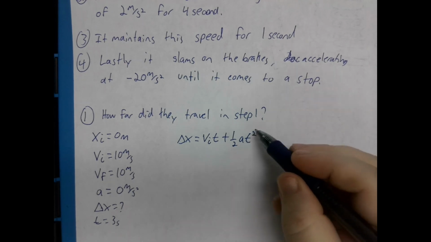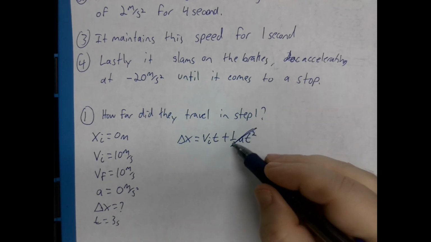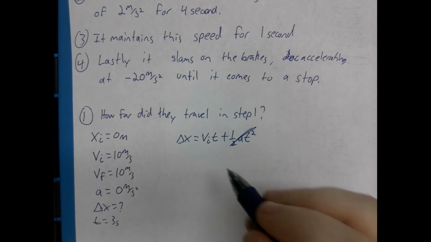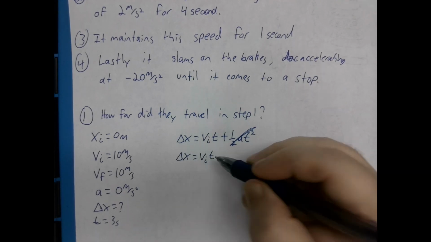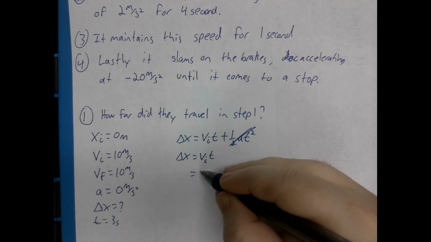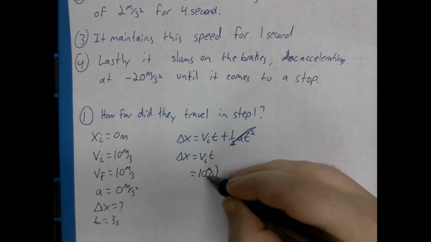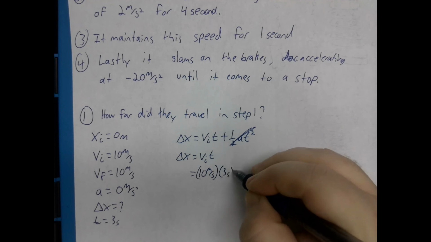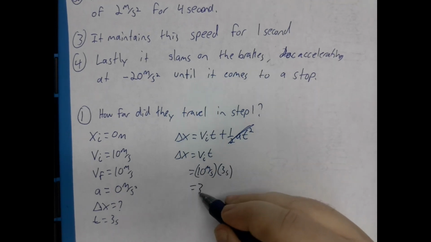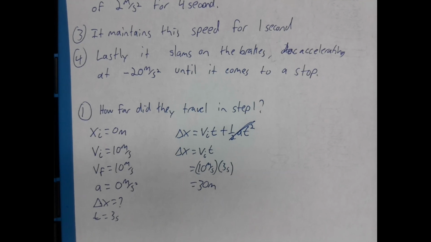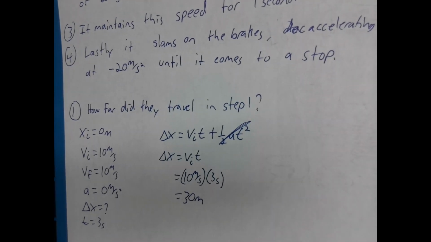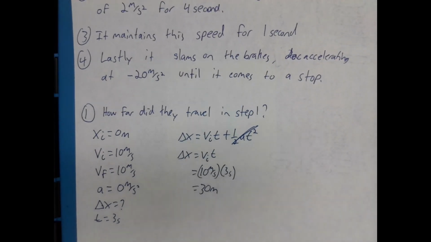Since a is 0, the 1/2 times 0 times t squared cancels out, and we're only left with delta x equal to vi times t. Our initial velocity is 10 meters per second times 3 seconds, and that gives us 30 meters. So after step 1, he traveled a distance of 30 meters.